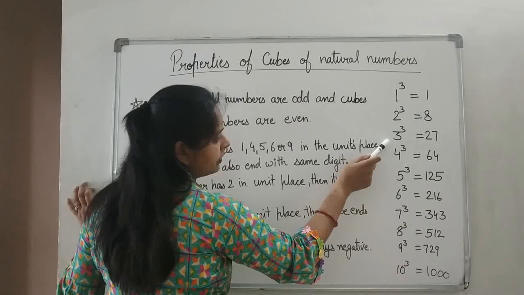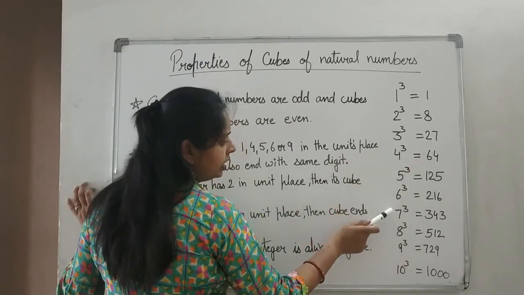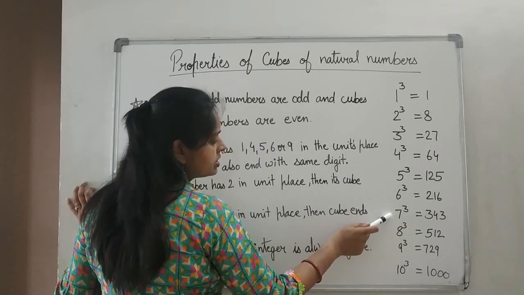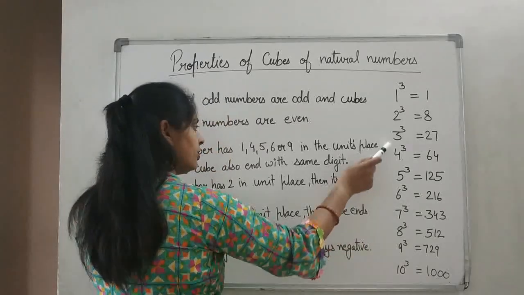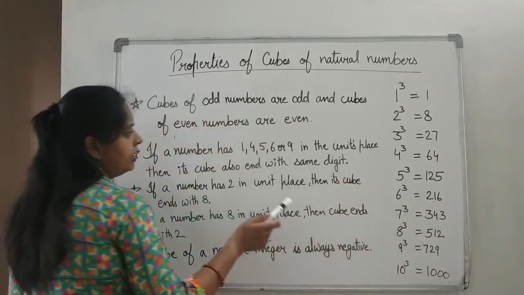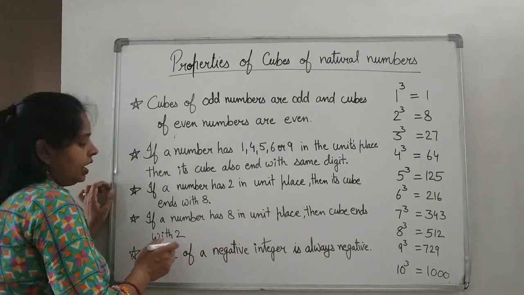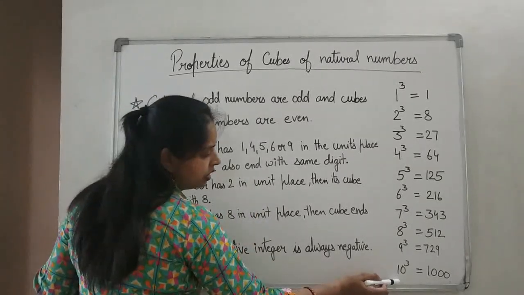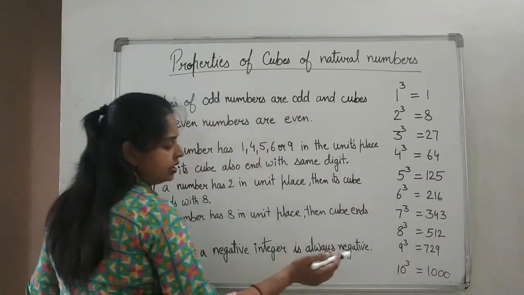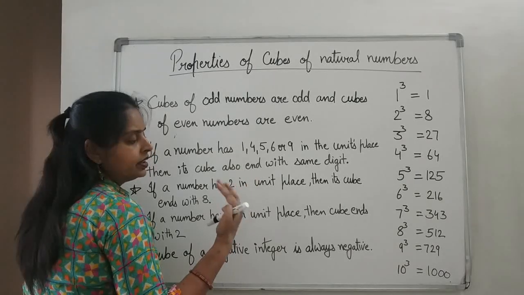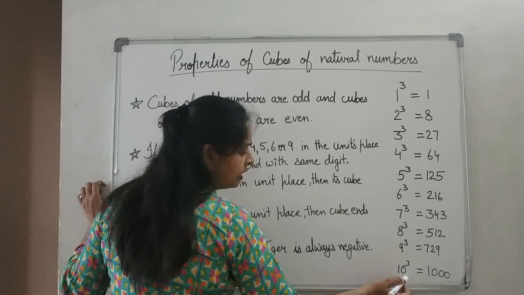If a number ends in 3, its cube ends in 7, and if a number ends in 7, its cube ends in 3. And if a number ends in 0, then the cube will have 3 zeros. If a number ends in 2 zeros, then its cube will end in 6 zeros. You have to check it out.